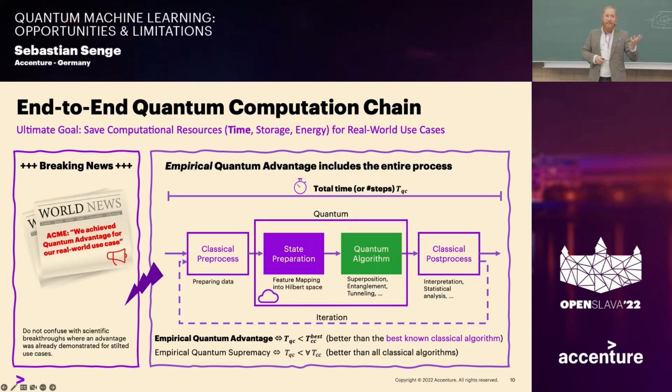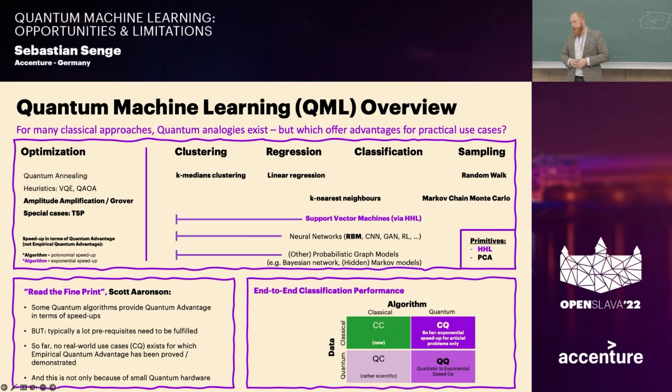But if you need to invest such time for state preparation, the result could be that empirically, for your entire chain, you cannot achieve any quantum advantage, right? And on top of that, you have the problem that, as I explained, quantum computers are immature in the sense that their size, for example measured in qubits or some other metrics, is not yet good enough for really large real-world instances, right? So that is the current situation.